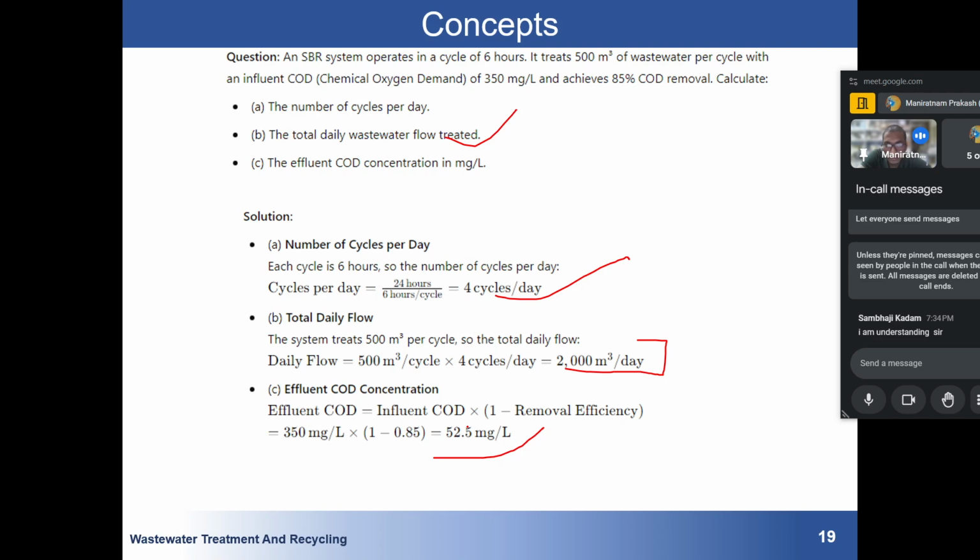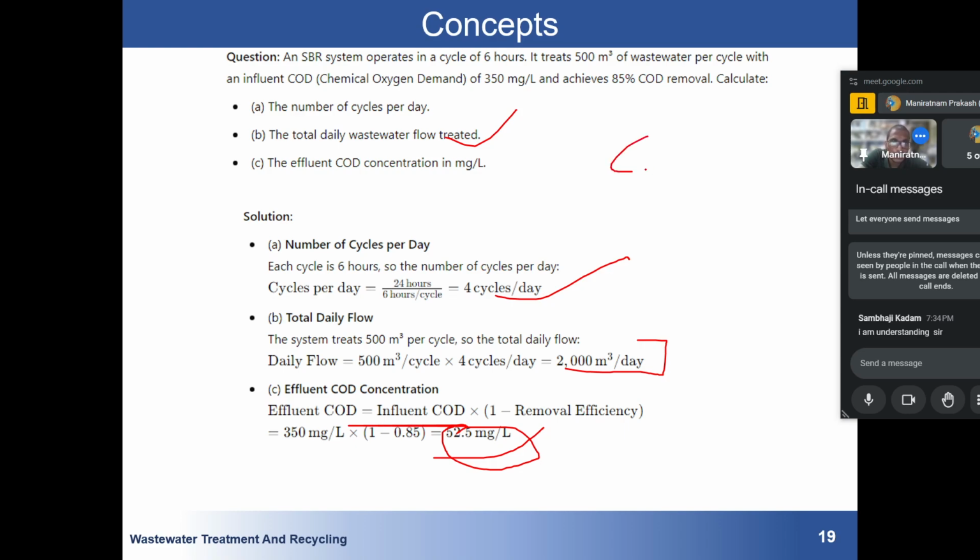With the help of this, now we know the efficiency, and from here we can have an idea of where I should discharge this treated wastewater, or whether I can reuse it.